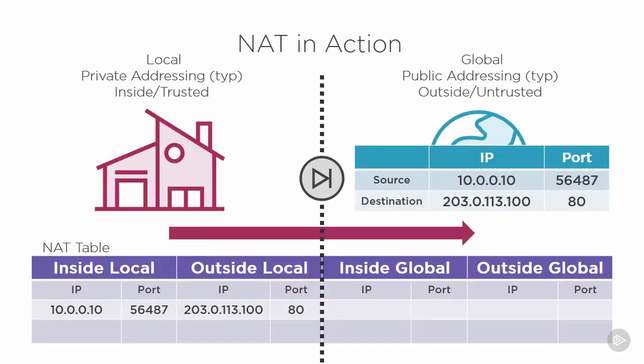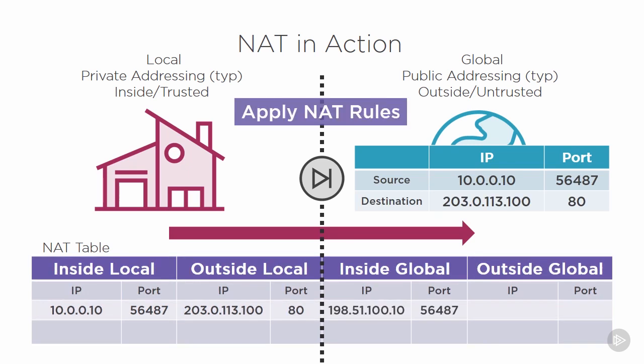Now, before we send that message out to the global internet, we need to record some more information and we need to change our source IP address so that we can get out to the public internet. So we're going to apply our NAT rules here. We're going to grab the public IP address from the outside interface of our firewall, which in this case is 198.51.100.10.